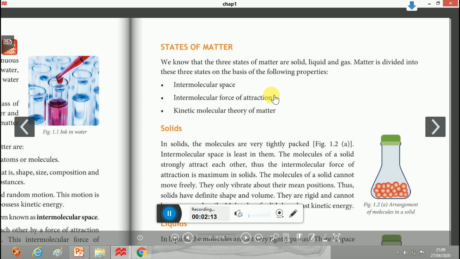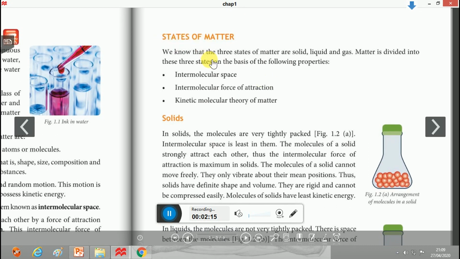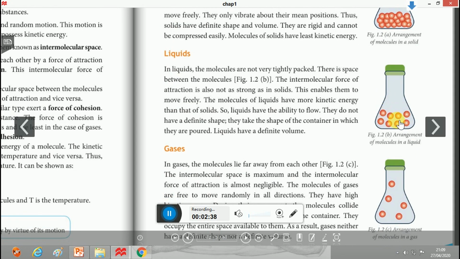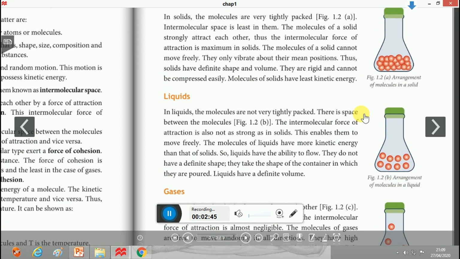Next, in the first video we have discussed about states of matter, three states, and these three states are dependent on three basic factors: intermolecular space, intermolecular force of attraction, and kinetic molecular theory of matter. Solids, look at this figure 1.2a, arrangement of molecules: least intermolecular space for solids, intermediate intermolecular space for liquids, and most intermolecular space for gas molecules.